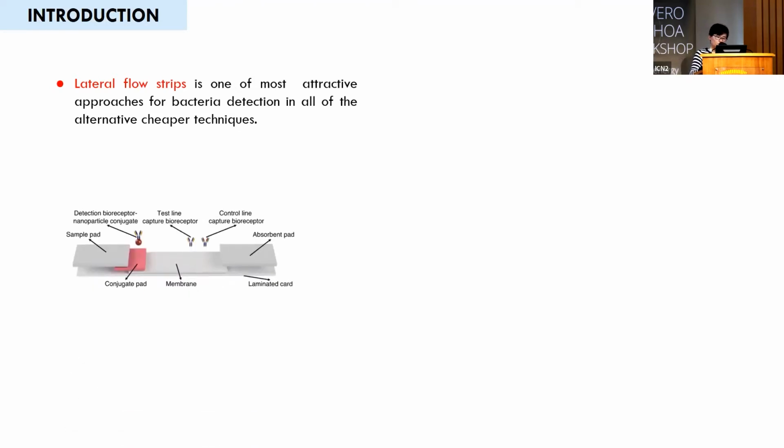Here is the structure of the lateral flow strips. I think a lot of people already know this product, because in this pandemic a lot of commercial lateral flow strips have been applied in the detection of antibodies of SARS-CoV-2.